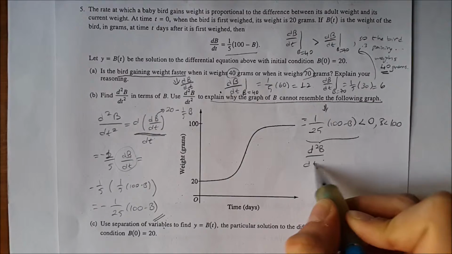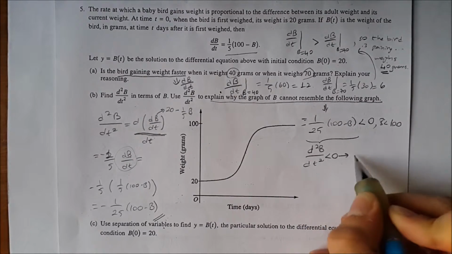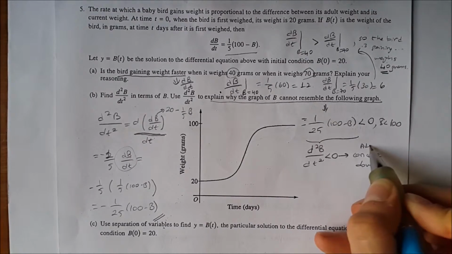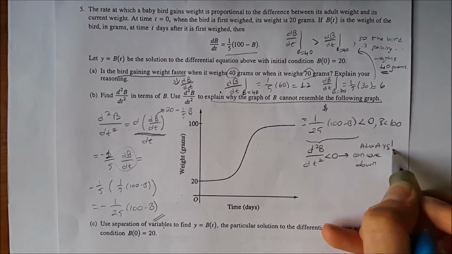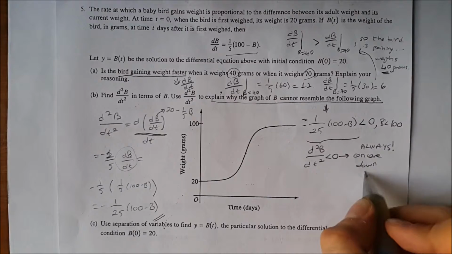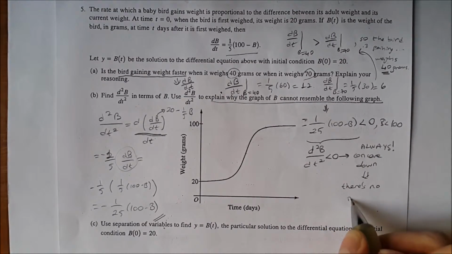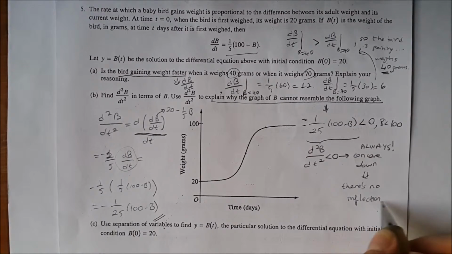Then we need to state this, and say that since it's always negative up to when b is 100, the graph will always be concave down in that interval, which means that there will be no inflection point in the graph from 0 to 100.